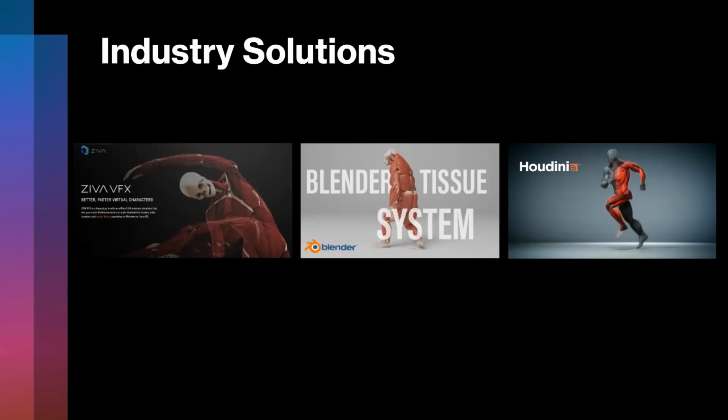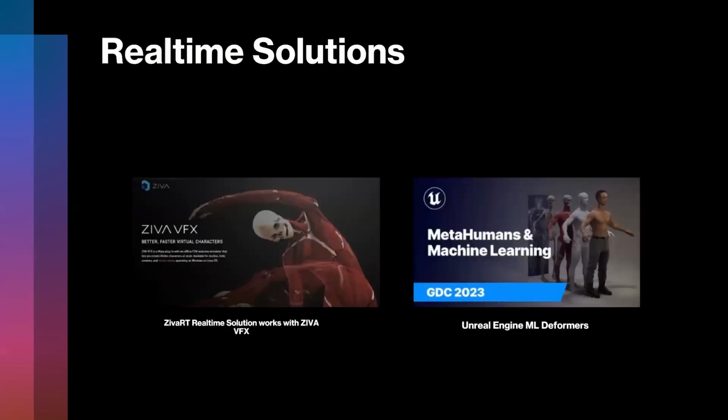Houdini is another one of the solutions that has that, and then there's also Ziva, which is another full body anatomy solution. The problem with all of these is that none of them are real-time solutions except for Ziva and this new one that was just recently announced by the developers on the Unreal Engine, which is MetaHumans and machine learning. This is where the machine learning part comes in.